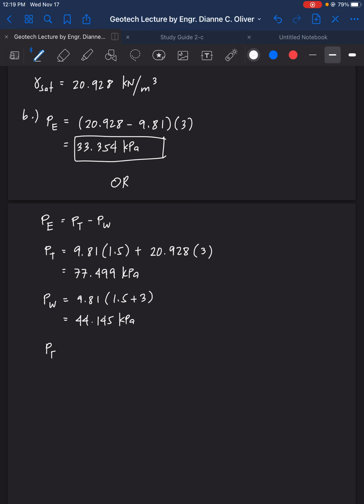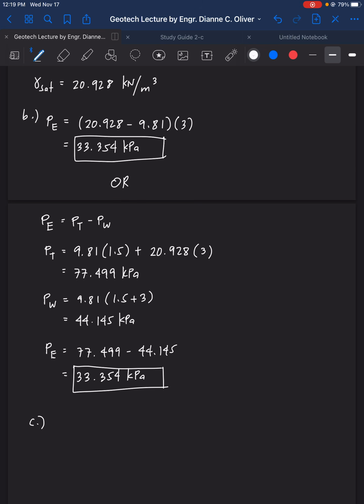Therefore, P effective now is equal to 77.499 minus 44.145, and then that is equal to 33.354 kilopascal. See, it's still the same. Now, the reason why you need to acquaint with these two solutions is that it serves as a way to check if your answer is correct.